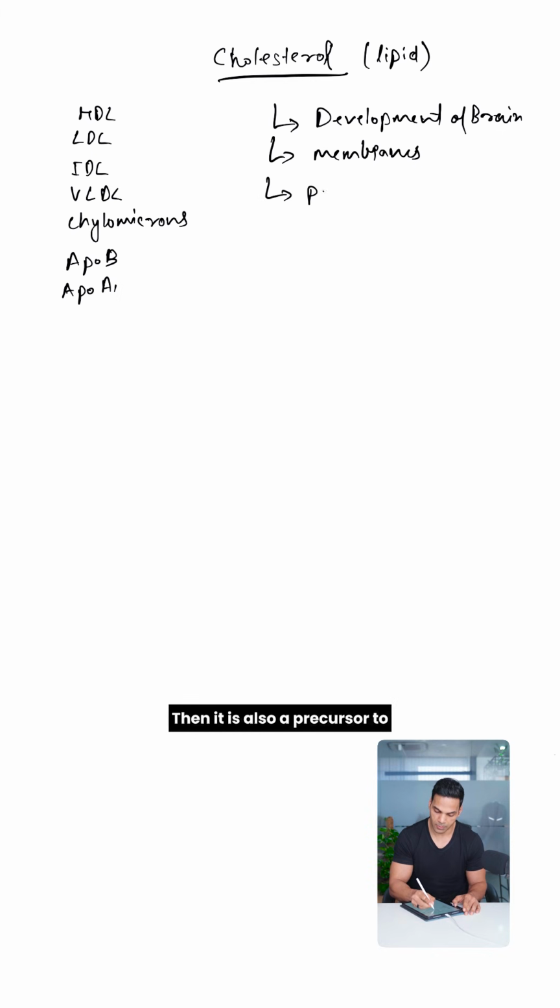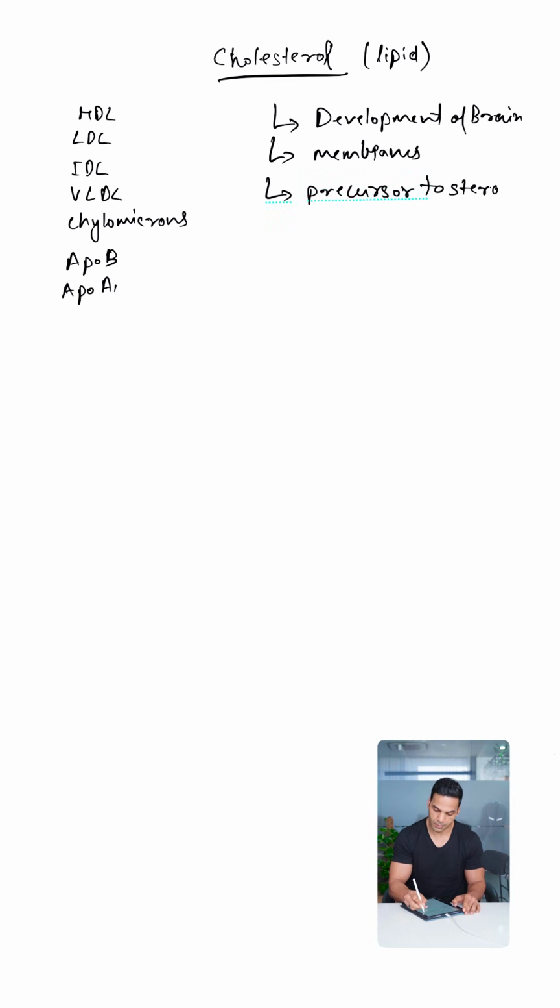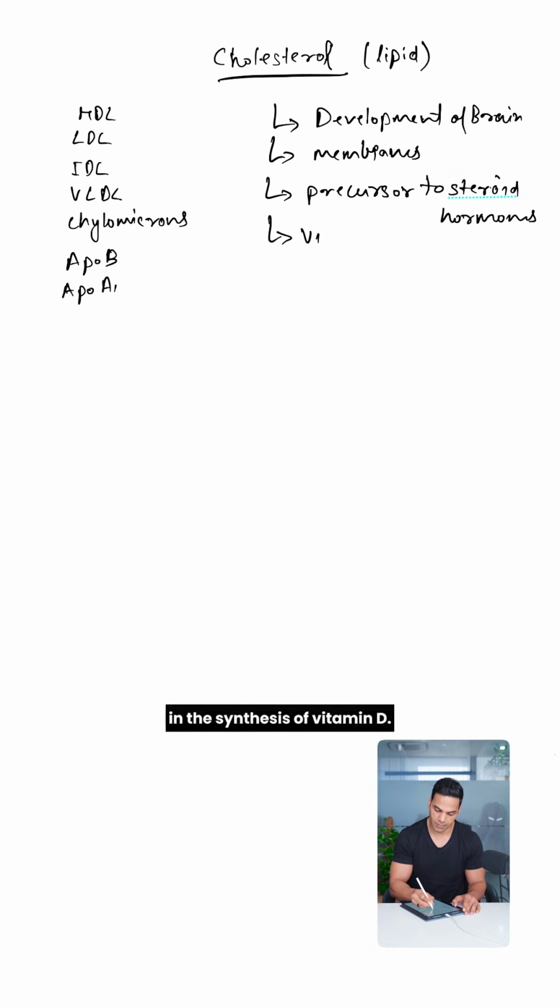Then it is also a precursor to many steroid hormones. For example, estrogen, testosterone, progesterone, all of those are made from cholesterol. It is also needed in the synthesis of vitamin B, right?